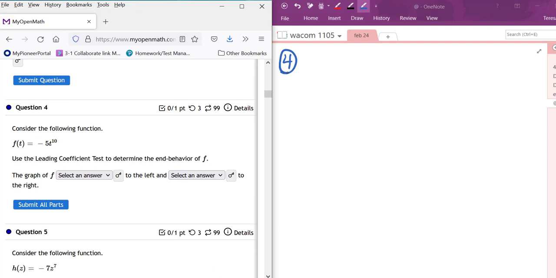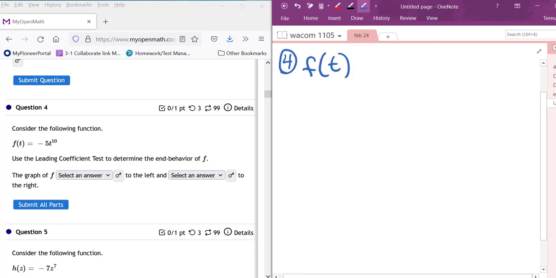And so we just have one term here to look at. And they are asking us to use the leading coefficient test to determine the end behavior of f.